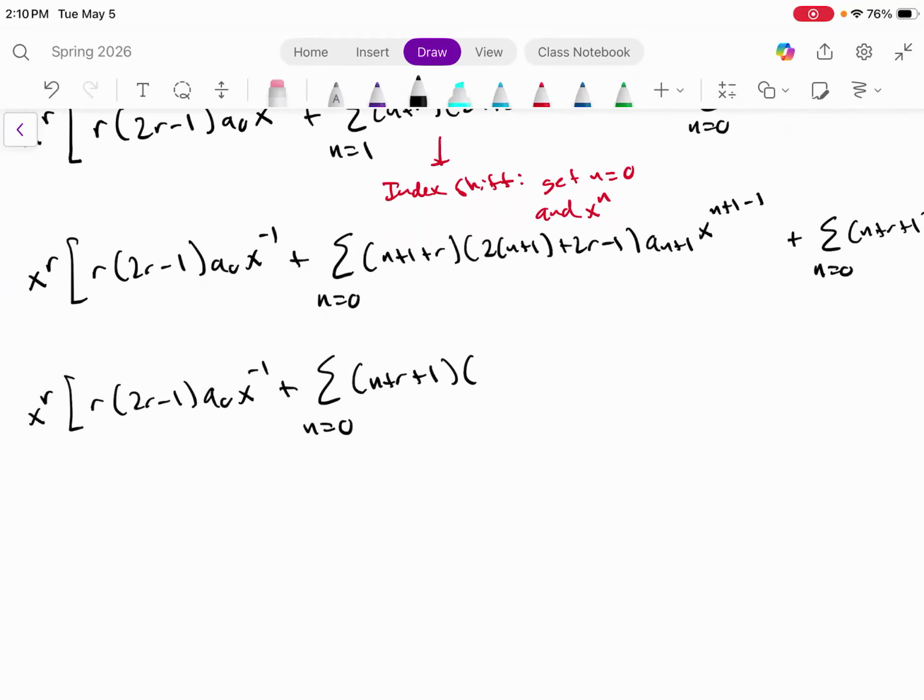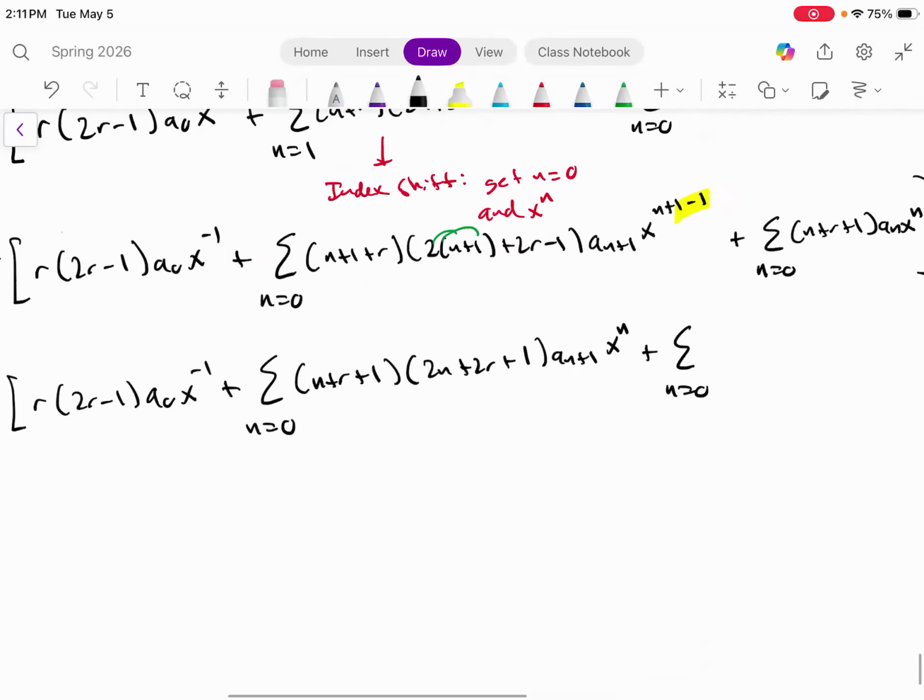If I distribute in this 2, and 2 minus 1 is 1, what I end up with is 2n plus 2r plus 1, a sub n plus 1, x to the n, because 1 minus 1 cancels out. So now I just have x to the n, plus our unchanged power series.